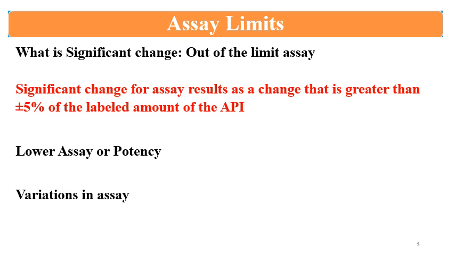So greater than 5% change from the initial amount or from the label claim as given by the applicant will come in the significant change. The assay value may be lower or higher, or there may be variation in the assay values.